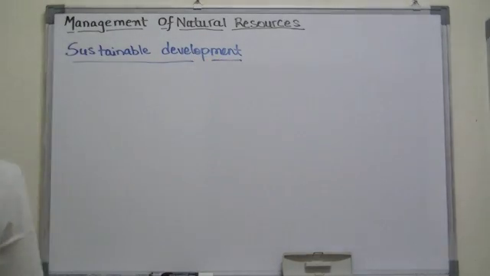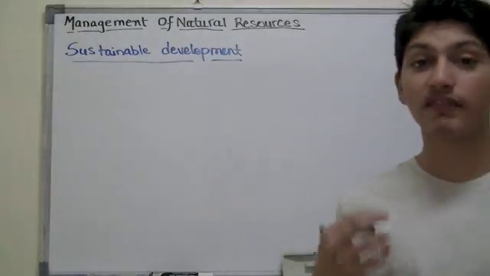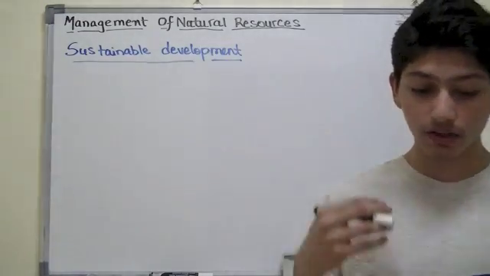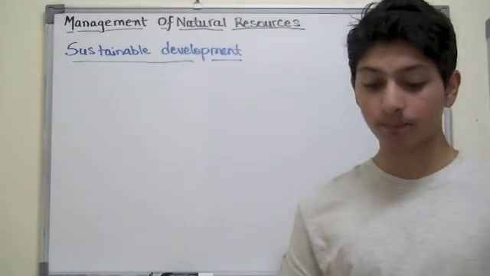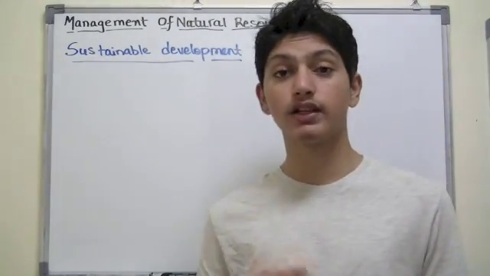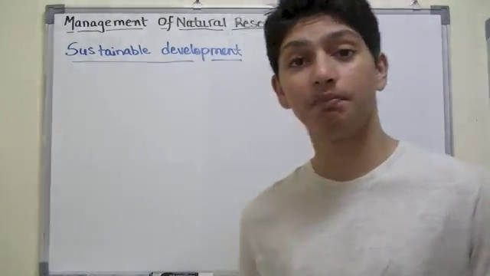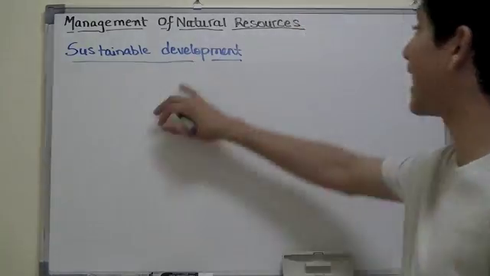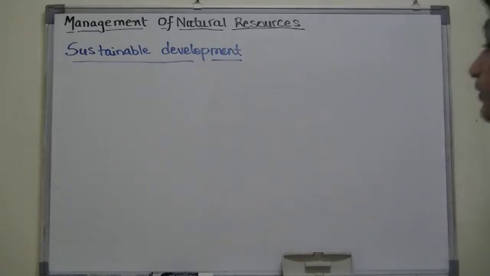Sustainable development means development that stresses judicious use of natural resources to meet the current basic needs of humans, while preserving resources that we need for future generations. So it preserves right now for later use. That's basically the sustainable development.